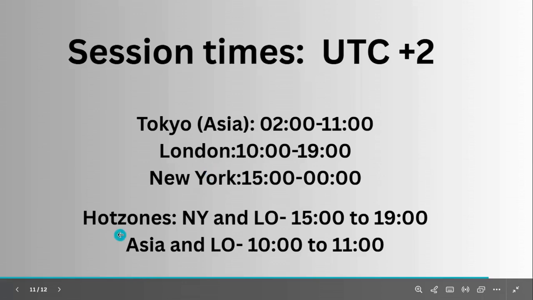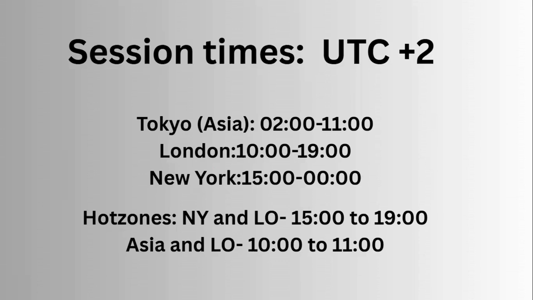Because we know which times to trade, it doesn't mean that it doesn't have hot zones. It has specific peak times within the time frame of when you're trading, where the market moves with high volume.